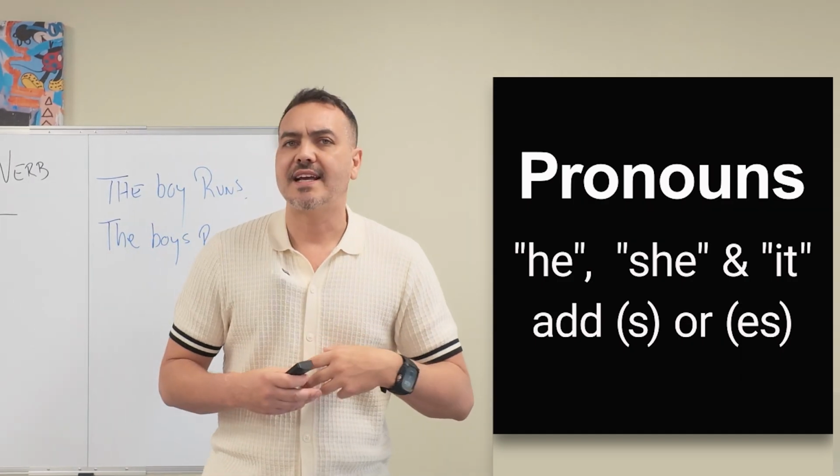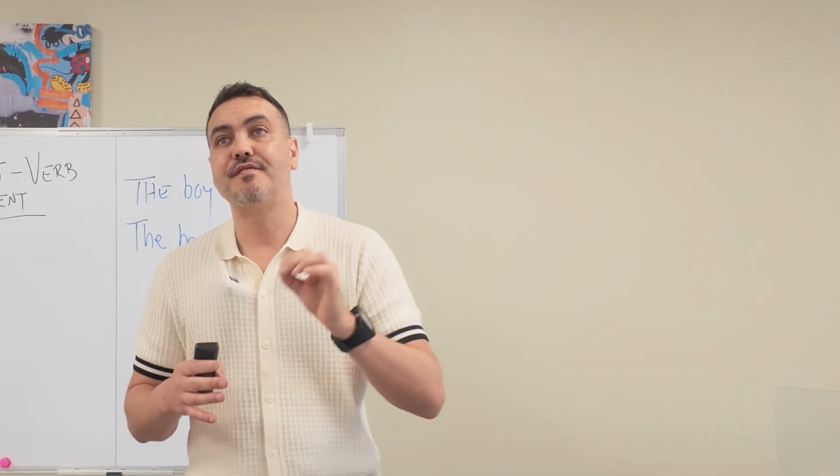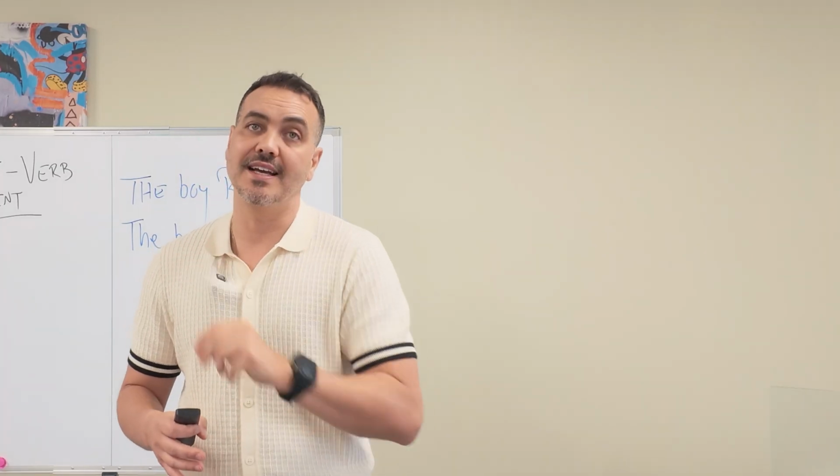We wouldn't say he work or she study or it rain. We would say he works, she studies, it rains. Remember, with he, she, and it, the verb usually needs s or es on the end.